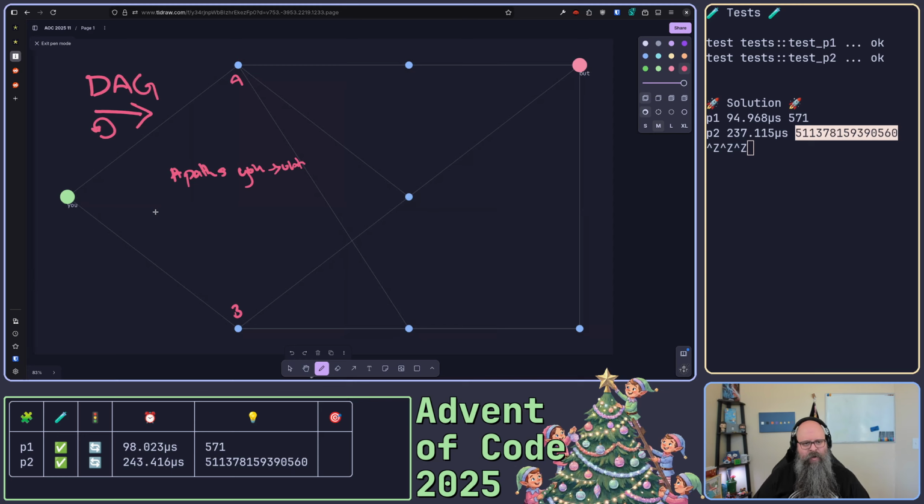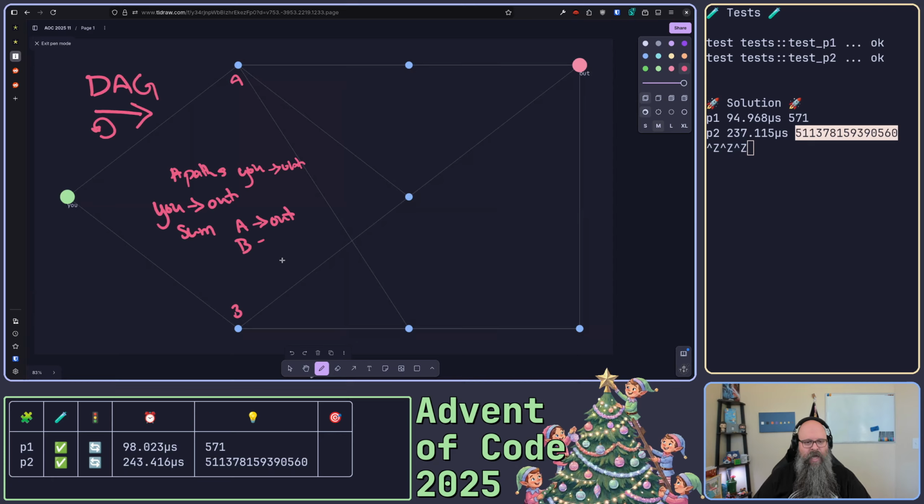The paths from U to out is actually equal to the sum of A to out and B to out. So we really just have to solve that problem. We just have to know how many paths are from here to out, and we can do that recursively, right?